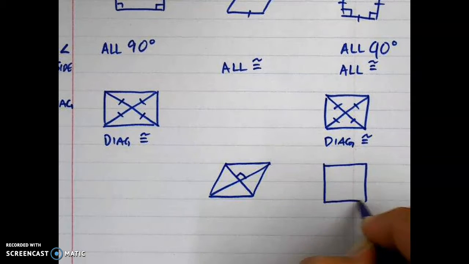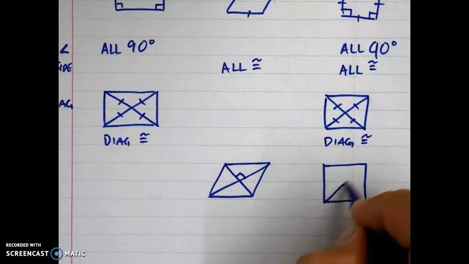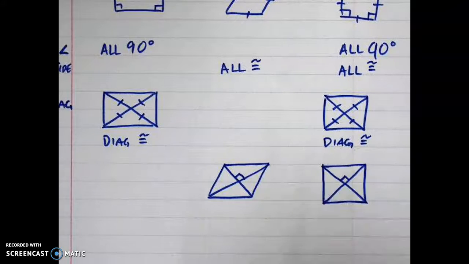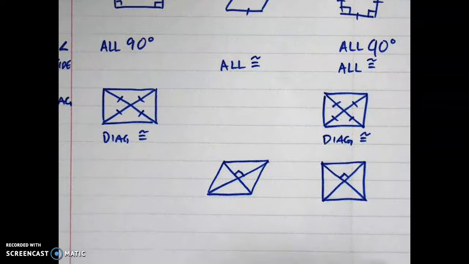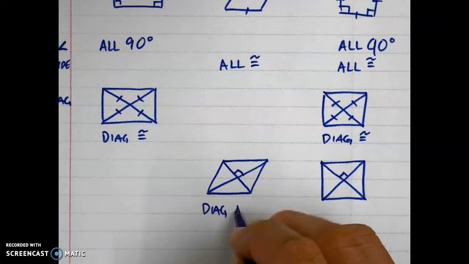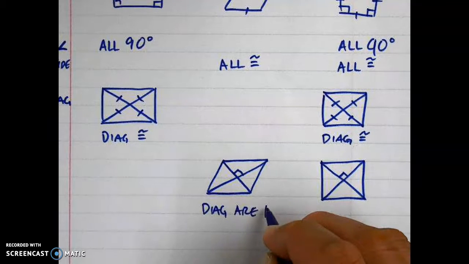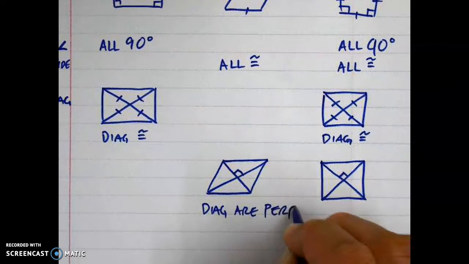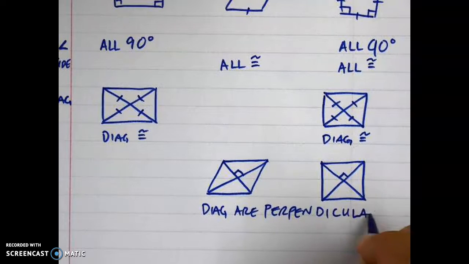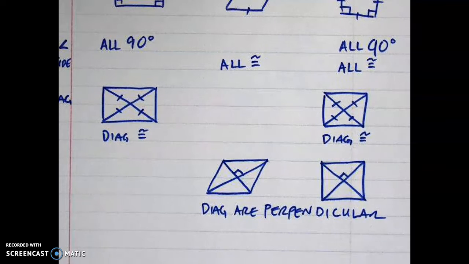If it's true for a rhombus, it'll be true for a square. If it's true for a rectangle, it'll be true for a square. Diagonals are perpendicular.